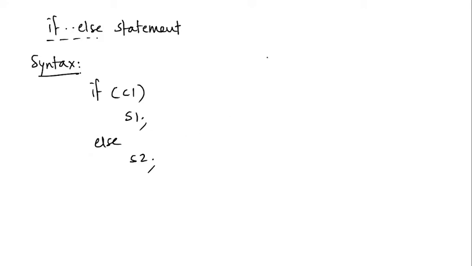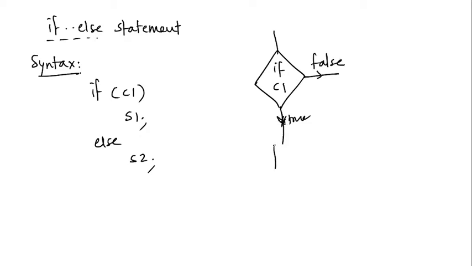Okay, let us look at the flow diagram, how exactly the control flows. So here we'll have a diamond for the condition C1, which will be either true or false. If the condition is true, you're going to execute S1 and come down.